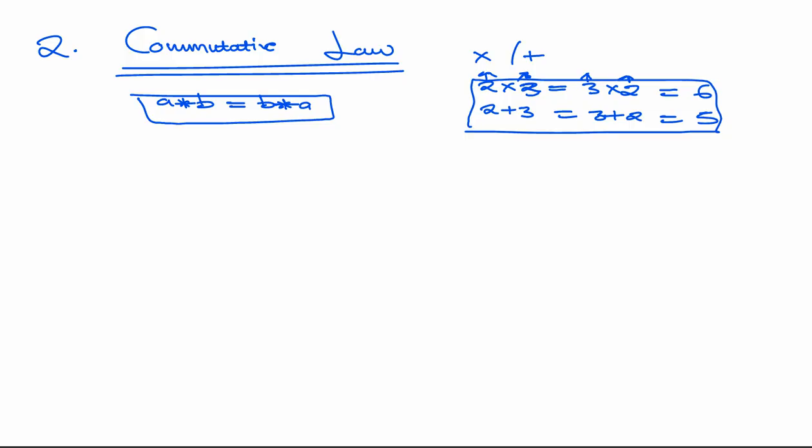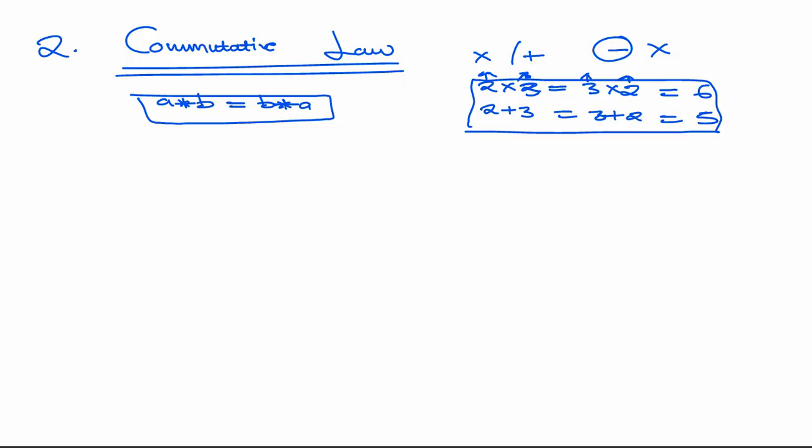Alright, so the other rule which you need to know now is the associative rule. An important reminder is that multiplication and addition, as I said, are commutative, yes, but subtraction is not commutative.